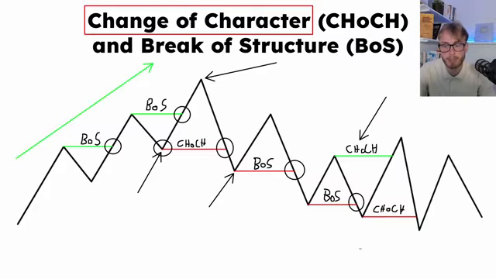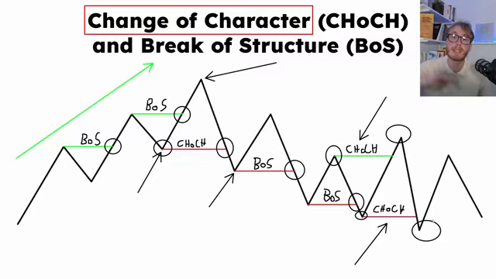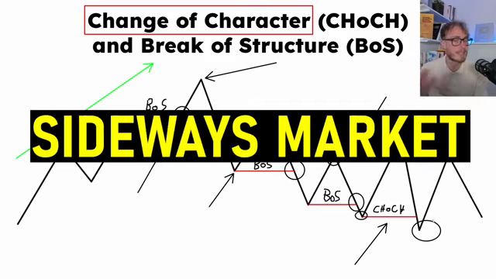And when we see two changes of character happening immediately after each other, you can see here we have both higher highs and lower lows. At this point, we no longer consider the trend to be either an uptrend or a downtrend anymore. And remember what that market state is called. It's called a sideways market or a trading range.